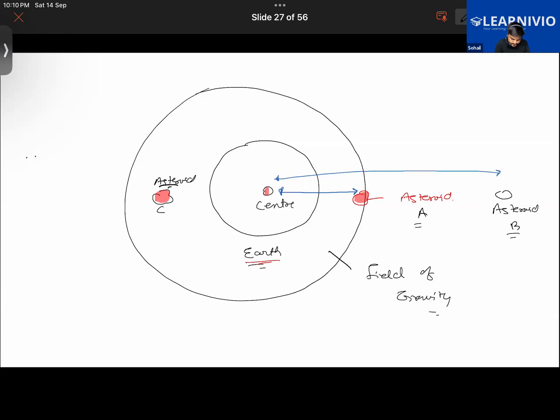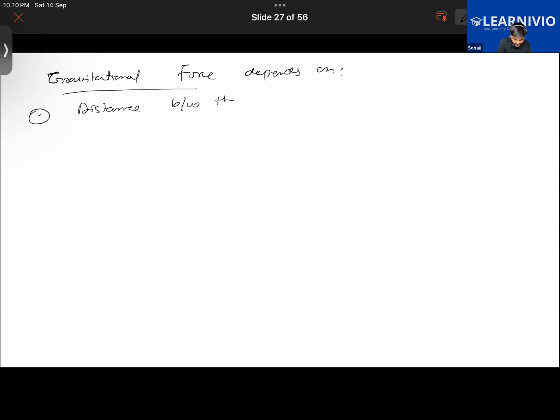Hope that is clear. So gravitational force depends on distance between the two bodies.